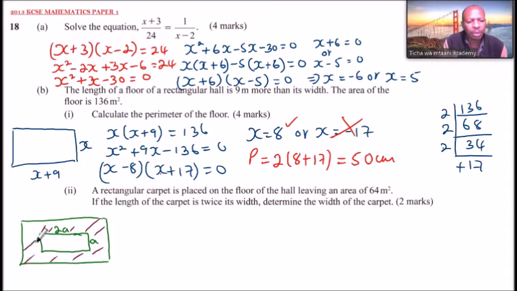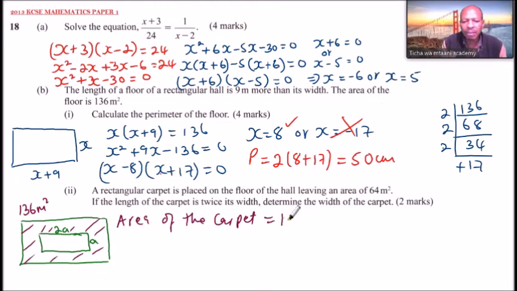Because we already know the area of the room is 136 meters squared, and the area left is 64, we can get the area of the carpet. So area of the carpet is equal to area of the room, which is 136, minus area left by the carpet, which is 64, and this will give you 72 meters squared.